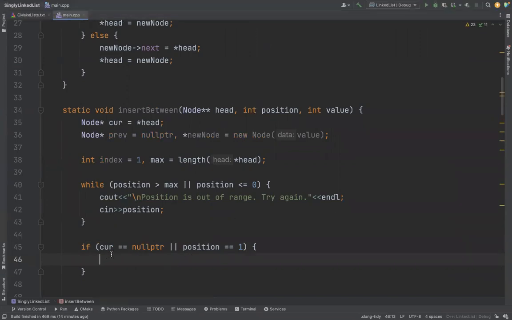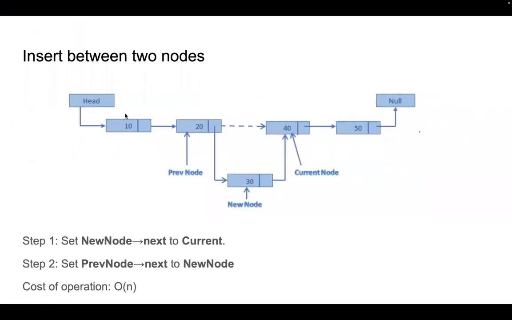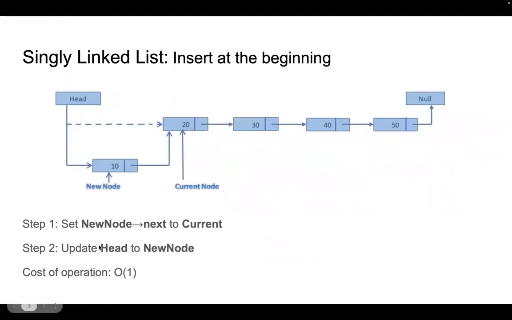So this condition is the same. When current is nullptr, there's no element, and the user wants to insert at the very first element, that means we're going to insert at the beginning. If the linked list is empty, we will insert at the beginning, and if the user enters position 1, we're going to insert at the beginning.